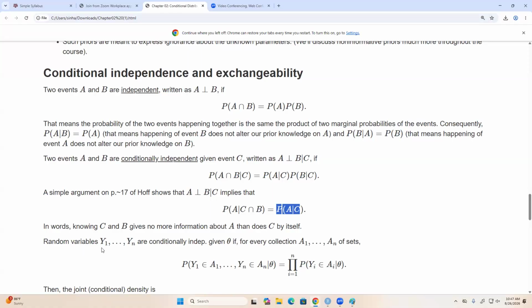So we say random variables y1, y2, ..., yn are conditionally independent given the parameter theta if for any collection a1, a2, ..., an of sets, the joint probability of y1 belonging to a1, y2 belonging to a2, and so on, given theta, can be obtained as the product of these conditional probabilities that yi belongs to ai given theta.